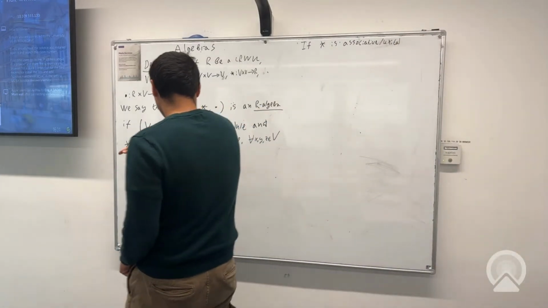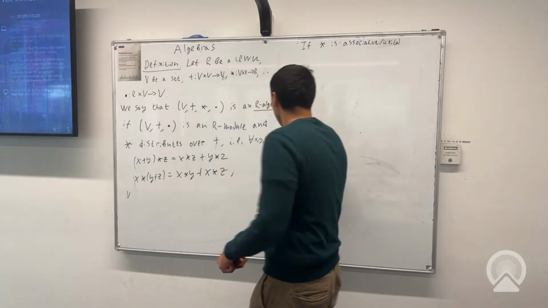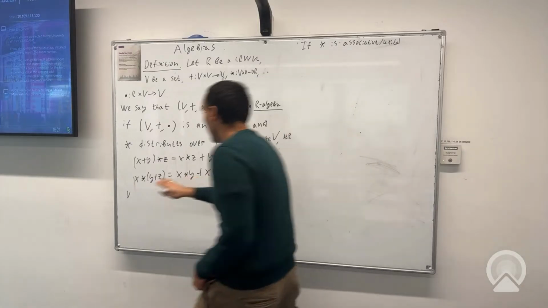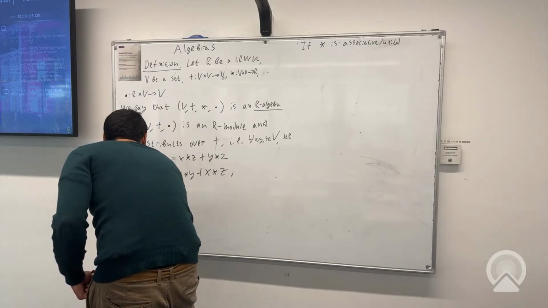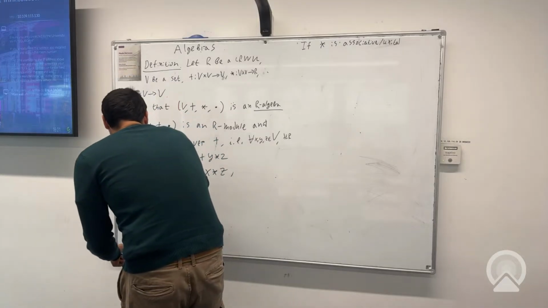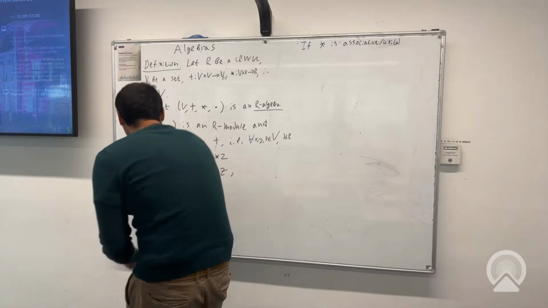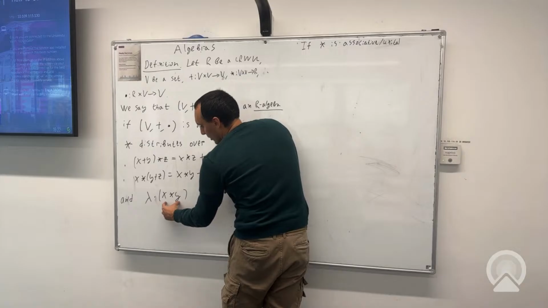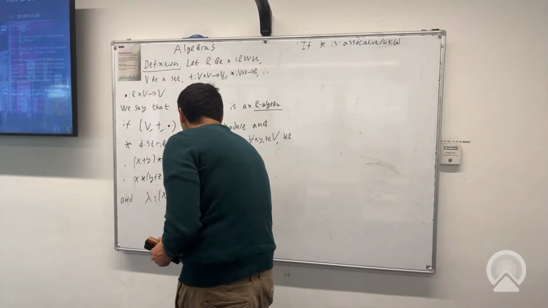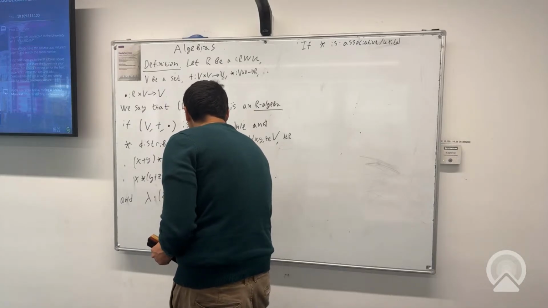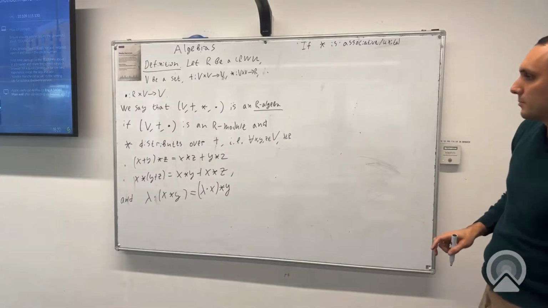And also, we have that for any lambda in R, lambda times x, times y: we have multiplication in the intrinsic multiplication, and then with scalar is the same as lambda times x times y. So we have some kind of associativity. I forgot that.